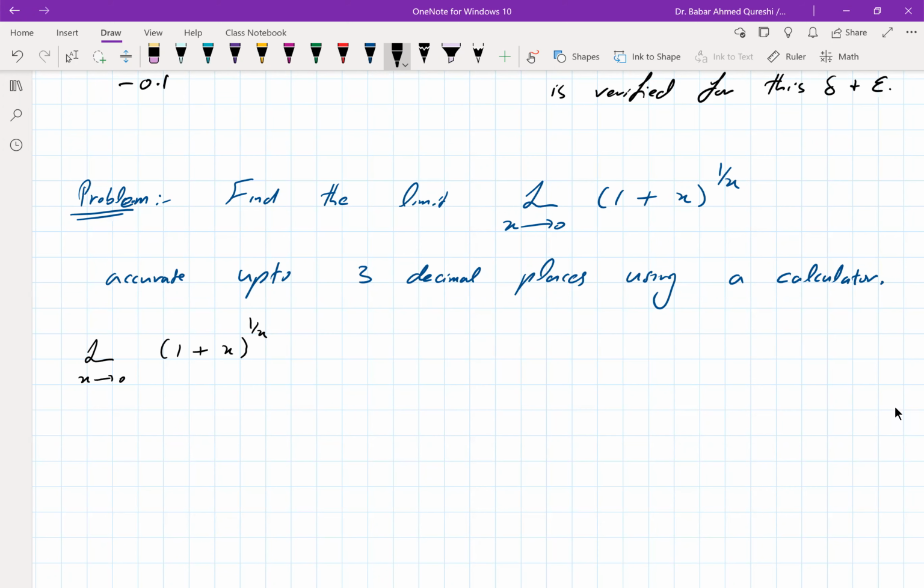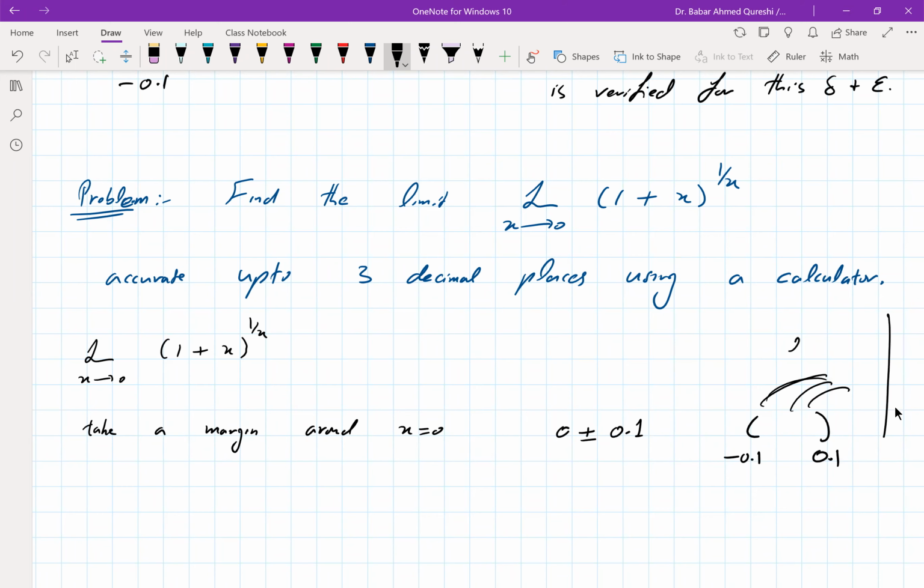So I can take a margin around x is equal to 0. So let's say 0 plus minus 0.1. So this small interval, and see where it is mapped using this function.